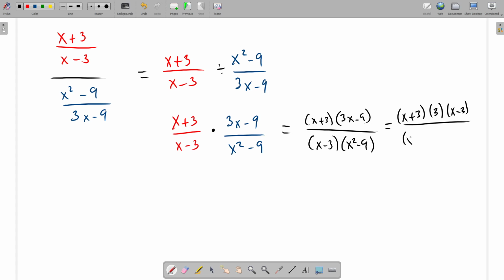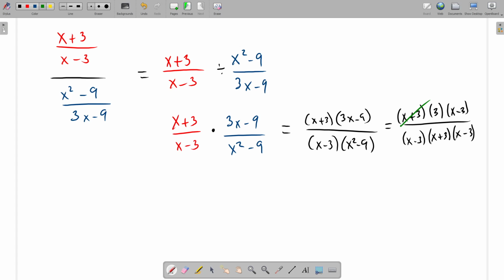And in the denominator, we can factor the x squared minus 9 because it is a difference of squares, and it'll factor into x plus 3 and x minus 3. So from here, now that we have the numerator and denominator completely factored, and written as the product of all of the factors, we can go ahead and look for common factors to cancel in the numerator and denominator.